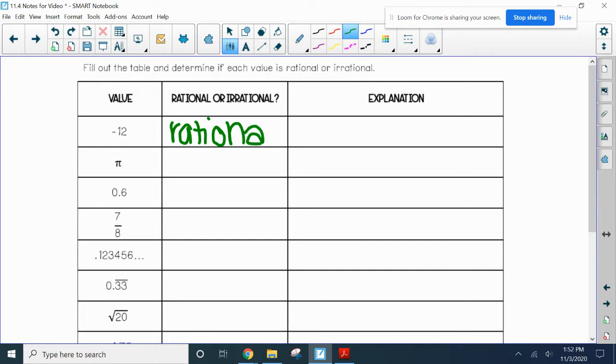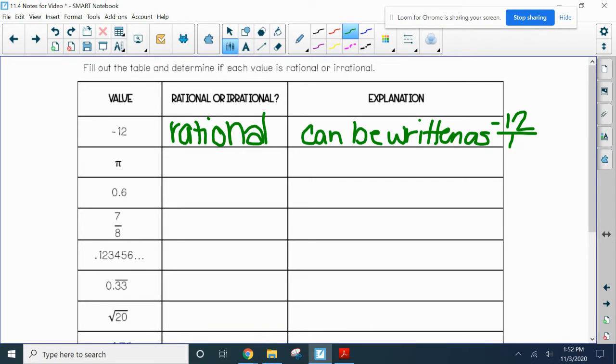Did you say because it can be written as a fraction? It can be written as a fraction, and I'm going to write the fraction, negative 12 over 1. Awesome.